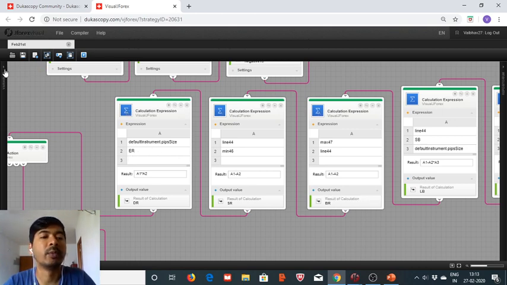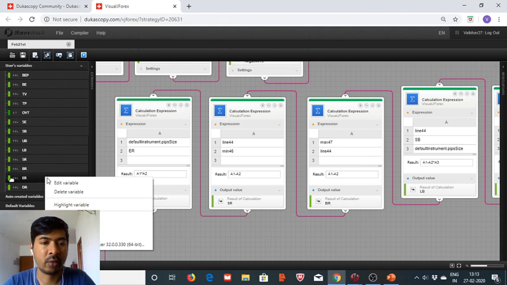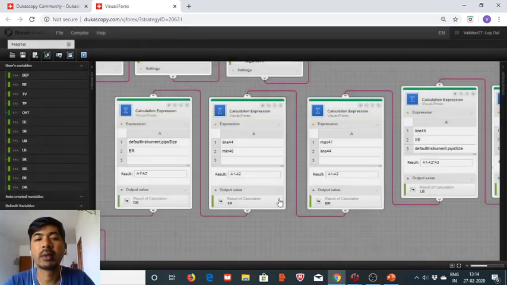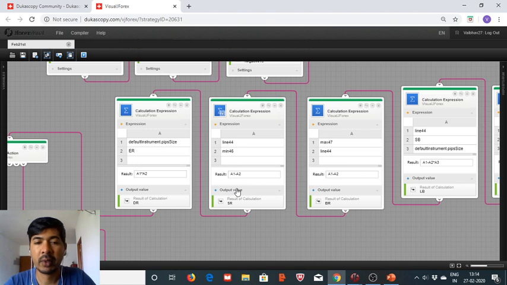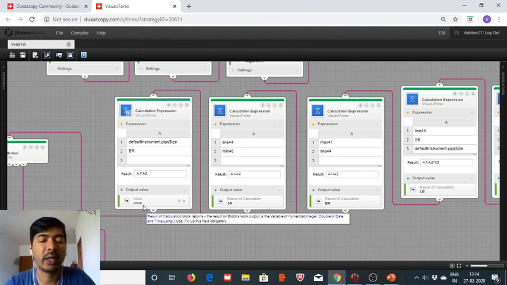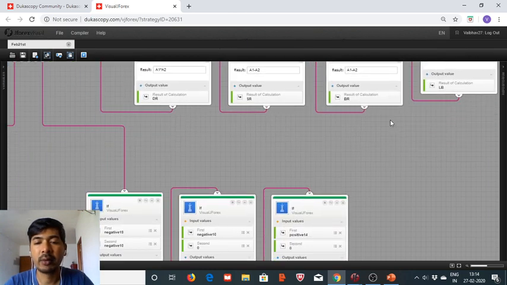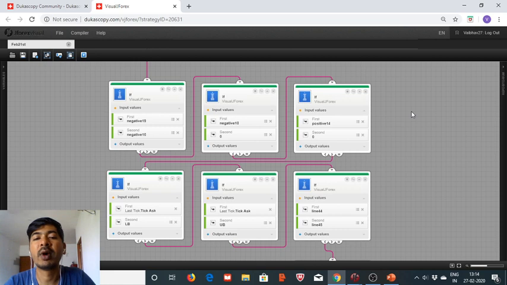Let me show you the ER value. ER value is entry range, and entry range is a minimum of 30 pips. So here you can notice it is 30 pips, and we will be comparing both these output values to this ER before we can make an entry. And here let me explain the conditions we have put in so far.